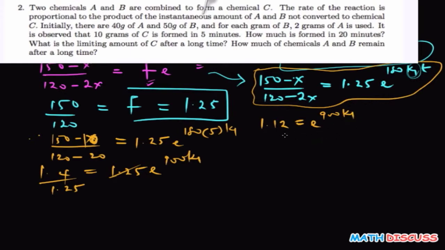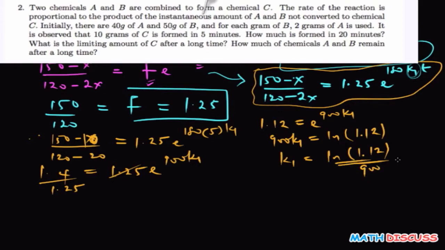Then to find k1, take the natural logarithm of both sides. So we have 900 k1 equals the natural logarithm of 1.12. So therefore k1 equals the natural logarithm of 1.12 all over 900. And when you compute that, you have 0.0000126. So that's what you have for your k1.